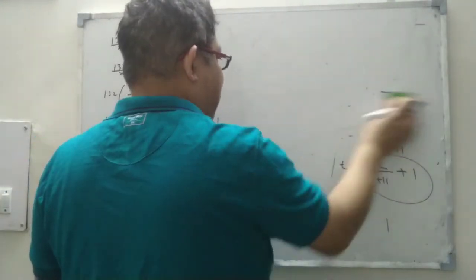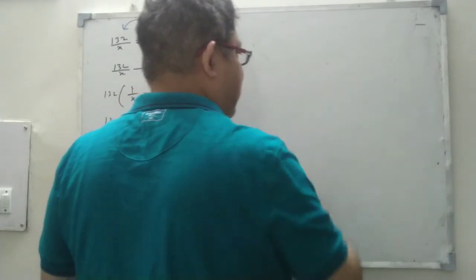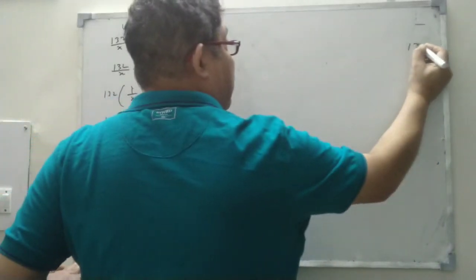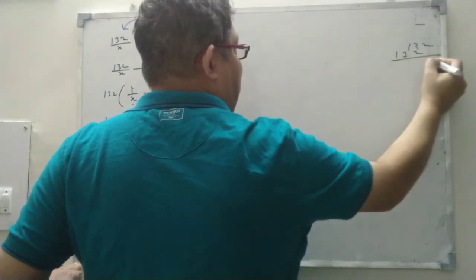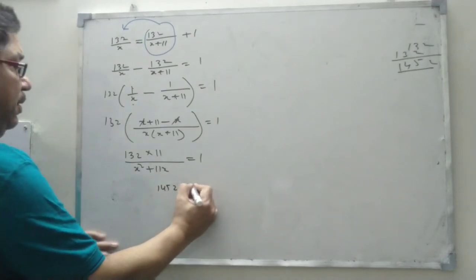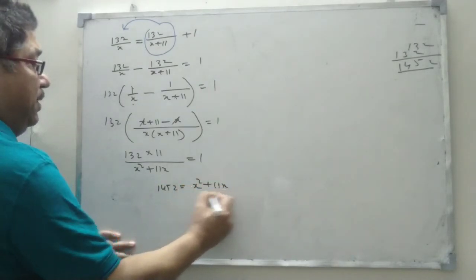So let me get rid of this. 132 into 11 is 1452. So 1452 is equal to x square plus 11x.